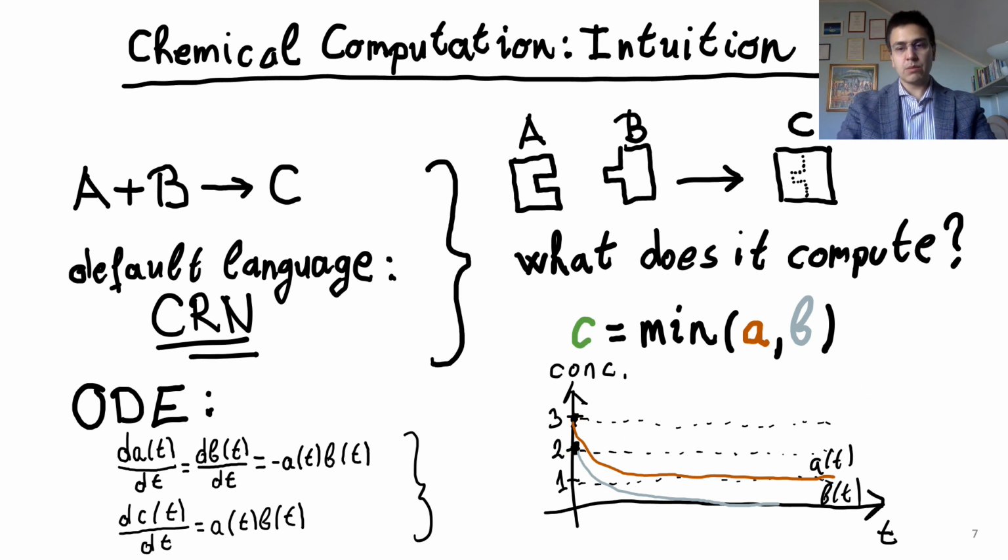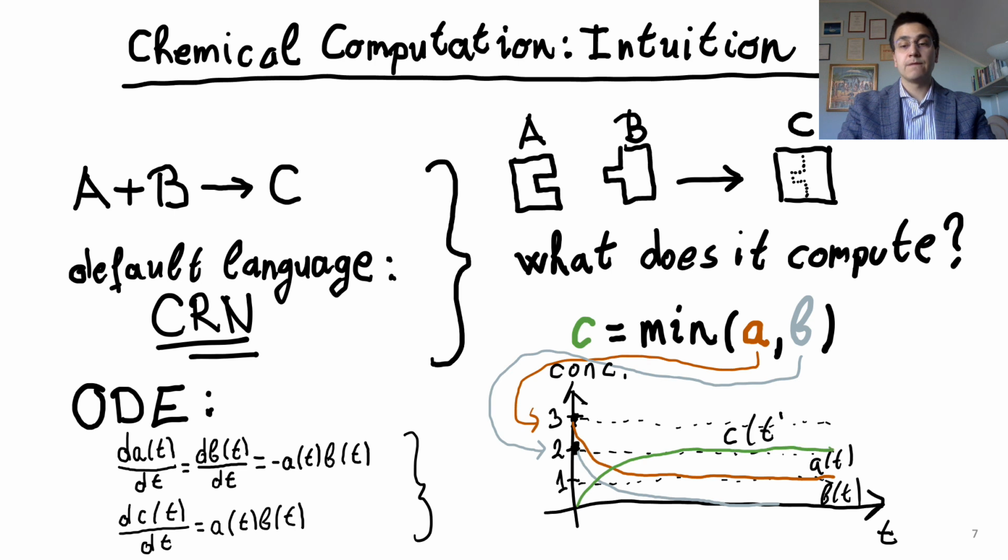Now, since we talk about programming, we somehow need to define inputs and outputs of our programs. So input to our program are initial concentrations of A and B. What is the output? Well, output is the final concentration, final value of C per our convention.